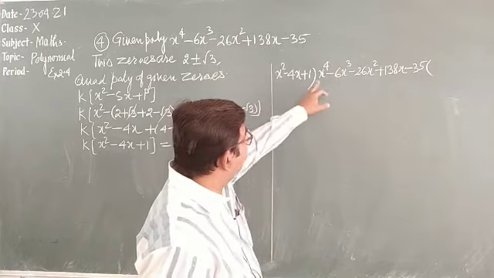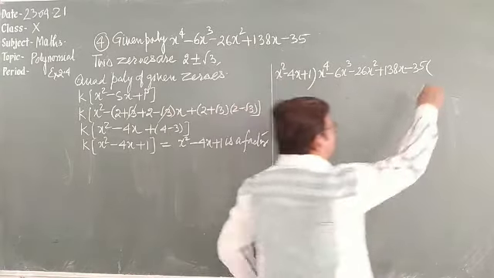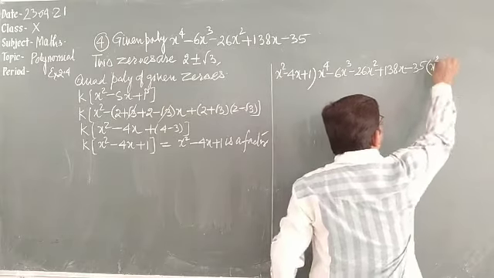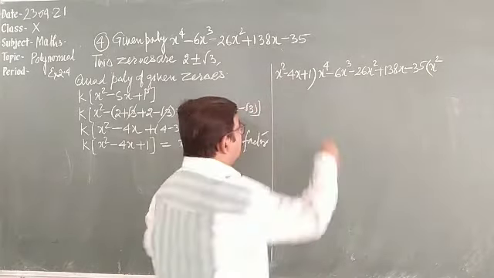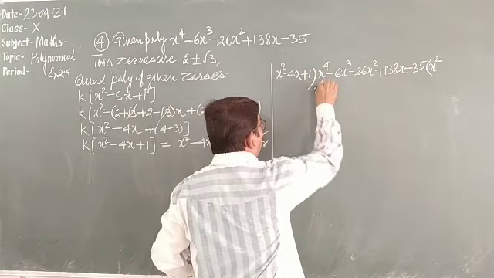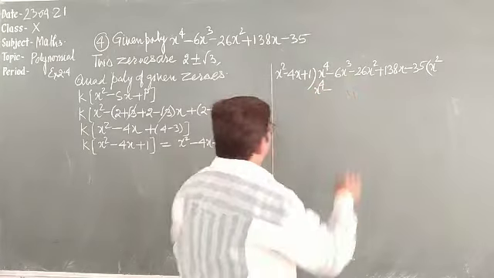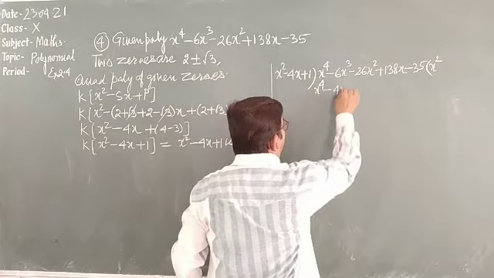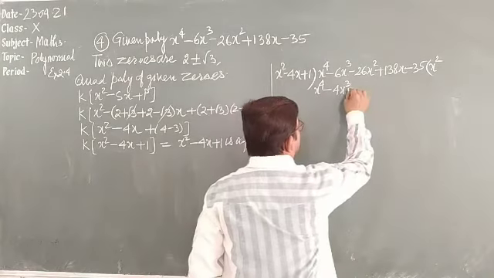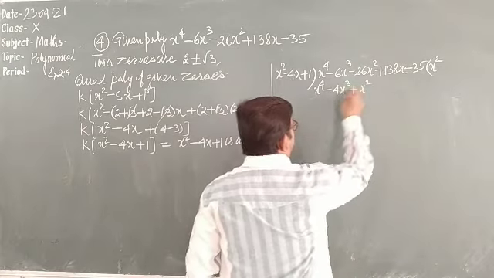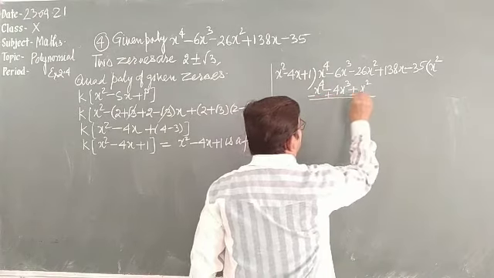How many times can we divide? This is x to the power 4 and here we have x square. So x square times. x square into x square is x to the power 4, minus x square into 4x is 4x cube, and x square into plus 1 is plus x square. Subtract: minus, plus and minus.